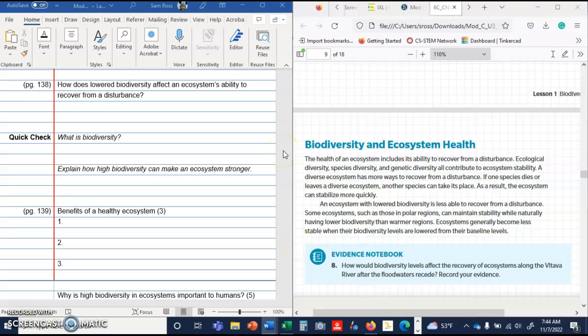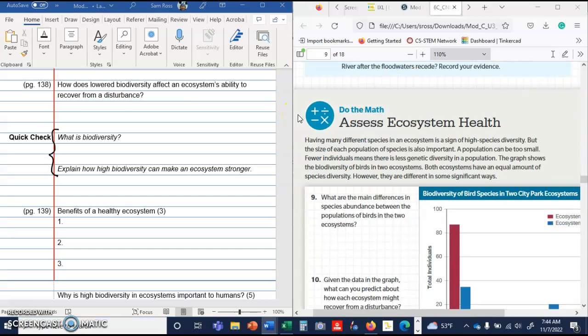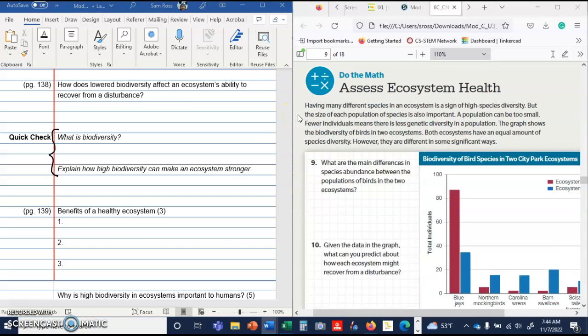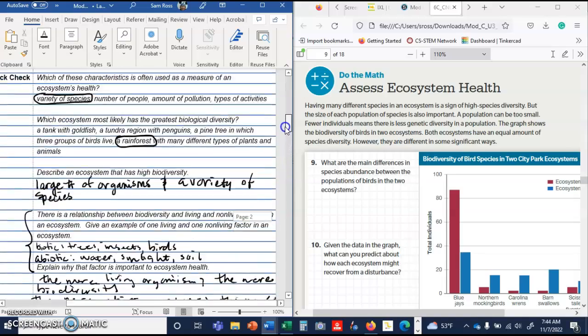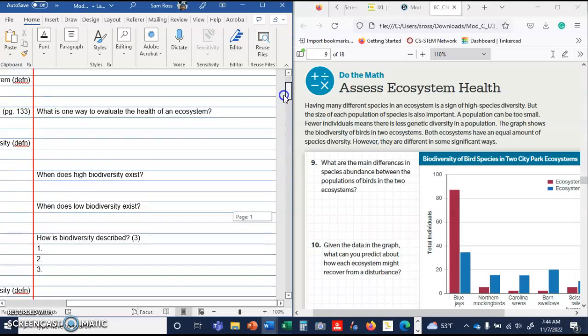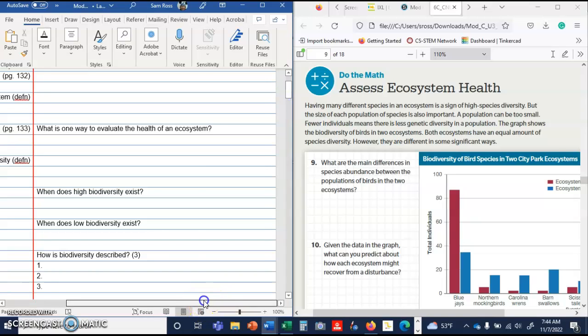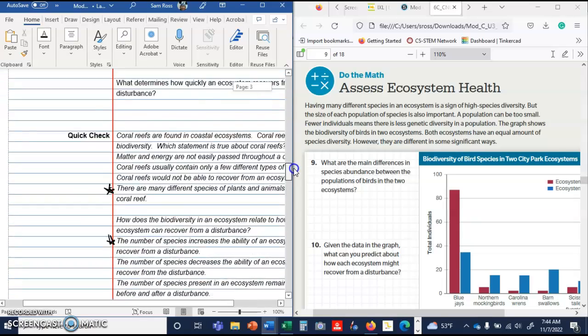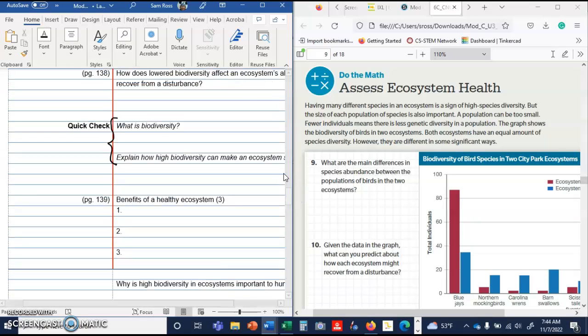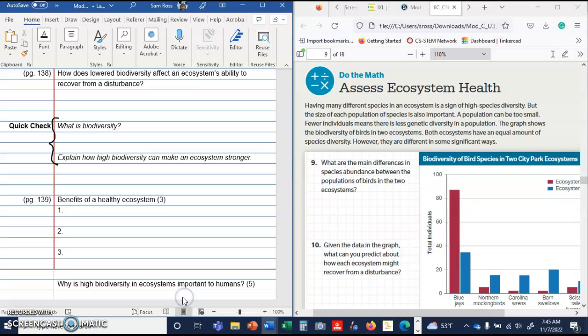And then we have, this is actually just one quick check question. So let's scroll down. 138. So we have the definition of biodiversity. It is up here, right there. So you'll write that down for this, and then it says, explain how high biodiversity can make an ecosystem stronger.